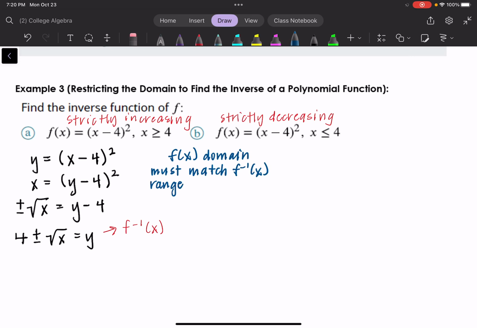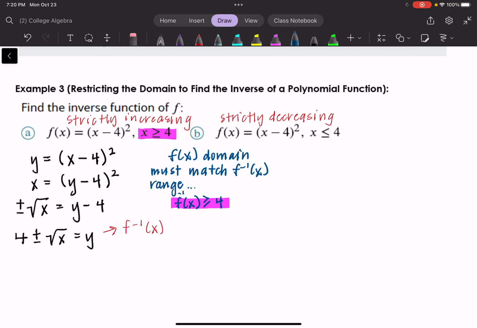So that means that the inverse, all of its outputs must be greater than 4, because that is going to make this domain match with this range. And so we know that those have to be interchangeable for the inverse. So in this case, what case, the positive or the negative, would make these outputs all greater than 4 for the inverse function?